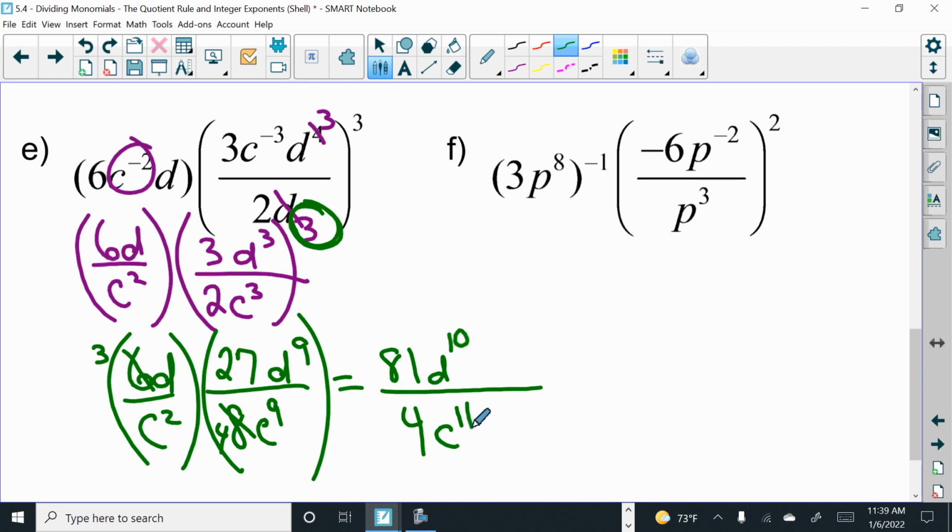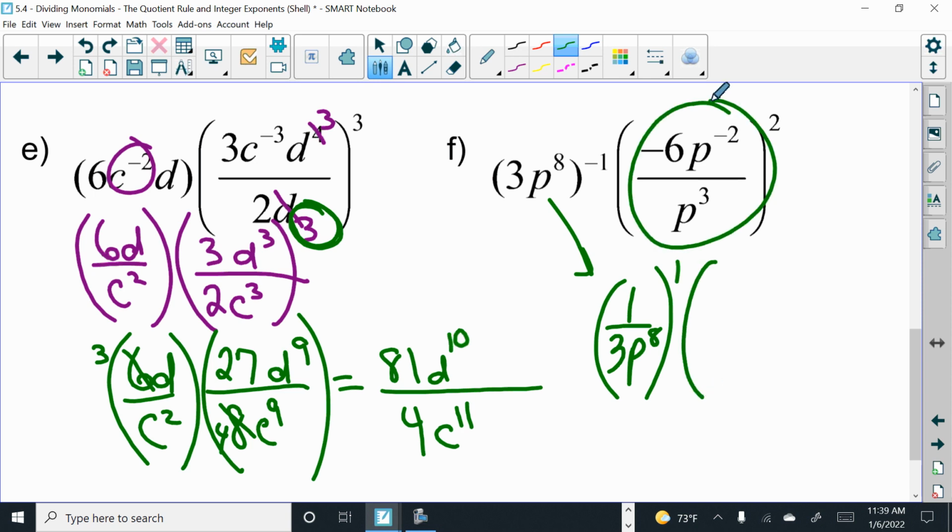Yes. And then last but not least, well, I have 3p raised to the negative 1 power, so I'm just going to go ahead and flip that and make that to the positive first power. And then my next polynomial here, I'm going to clean this up. I'm going to take that negative p to the negative 2 power and bring it down. When I bring it down, I'm combining p cubed times p squared.